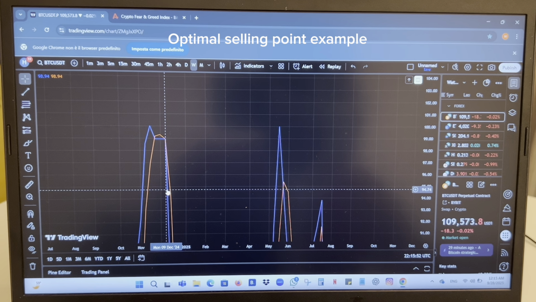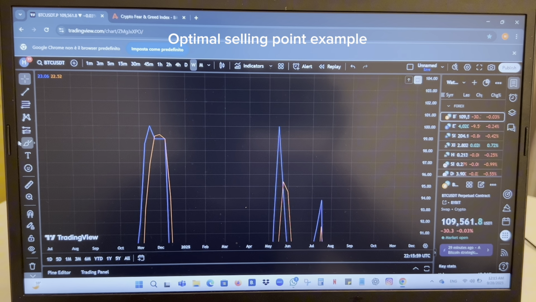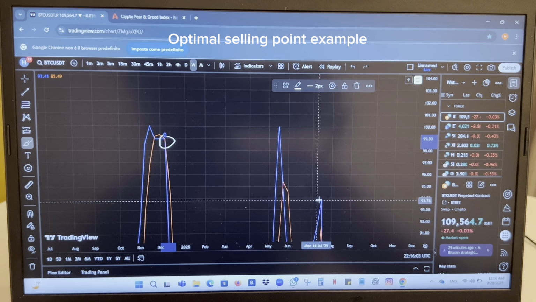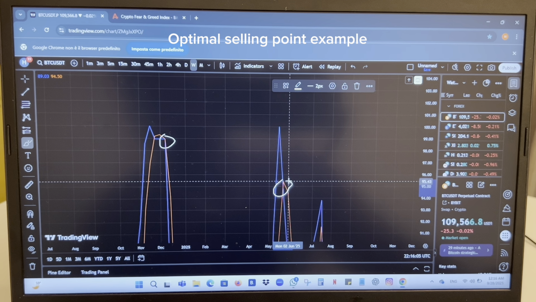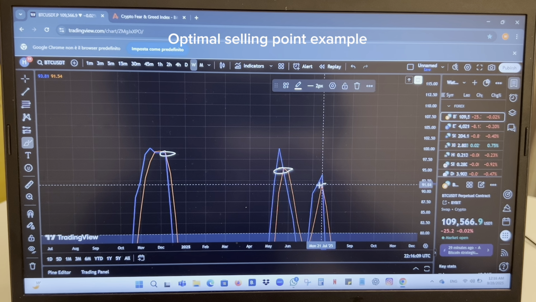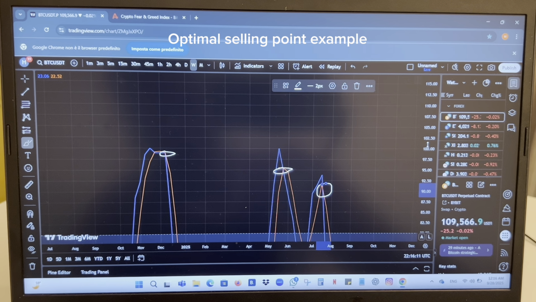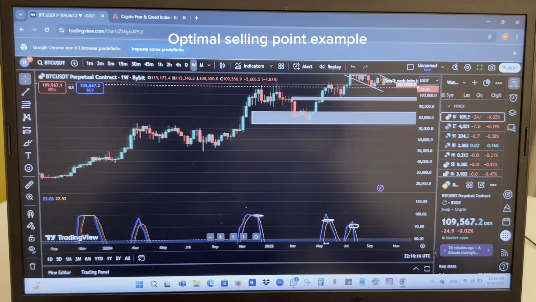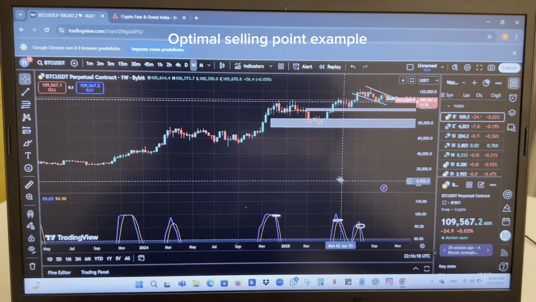When the orange line comes on top and the blue line goes down, it's an optimal selling point. So right here, this is a good selling point, and right here, this is a good selling point. Yeah, and right here, this is a good selling point. We'll go to the actual charts and we'll see what has happened in the market at these points.